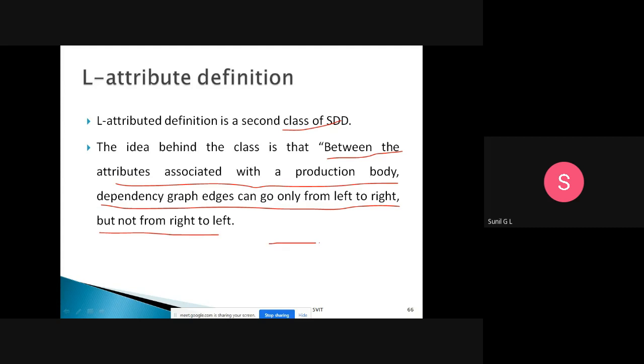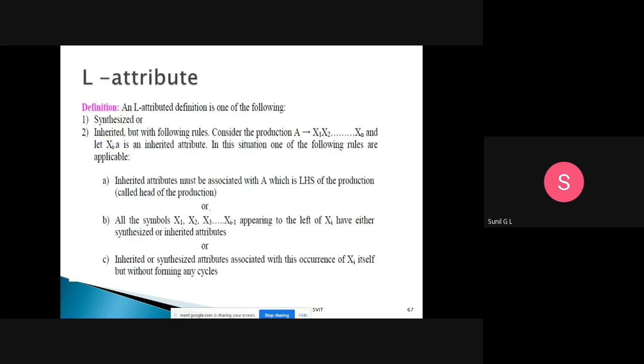Suppose you have a production like A tends to F T dash, or T dash tends to star F T dash. The value should go from left to right, not right to left, so the value is copied to here, not here. That we call an L-attribute definition.